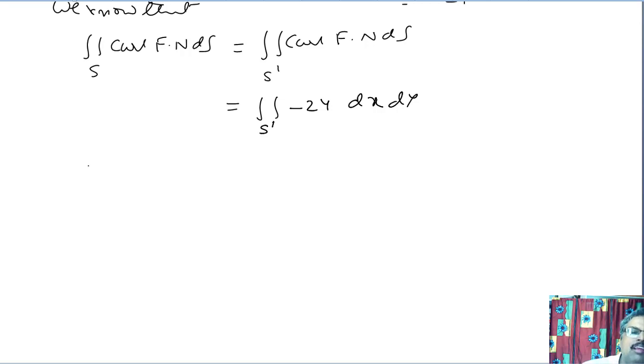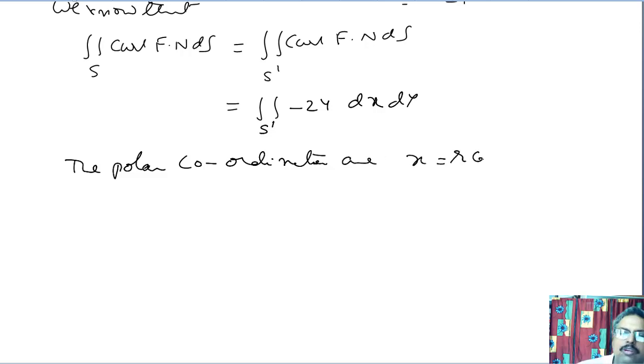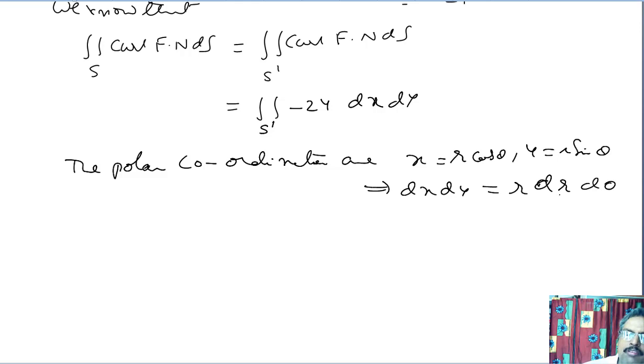Now I will apply polar coordinates. I think this is easy. The polar coordinates are x equals r cos theta, y equals r sin theta, and dx dy equals r dr d theta. You may also apply it directly, no problem, you will get the same answer.